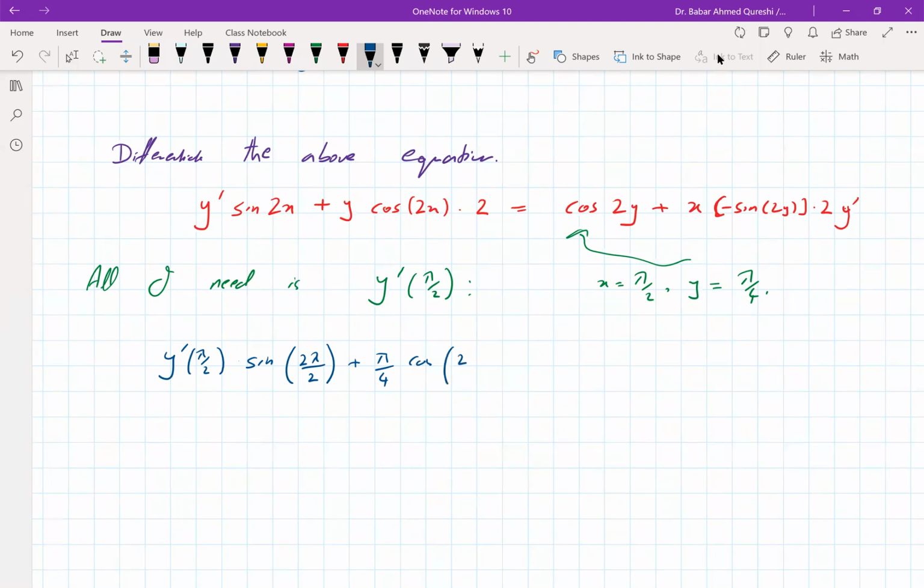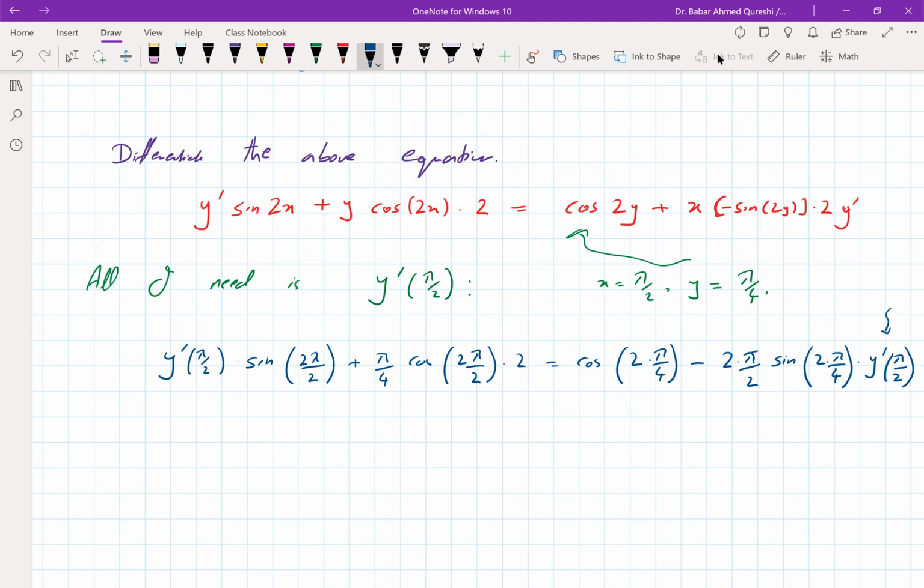Cosine of 2 pi by 2 times 2, cosine of 2 pi by 4 minus 2 pi by 2, then sine of 2 pi by 4 times y derivative of pi by 2.